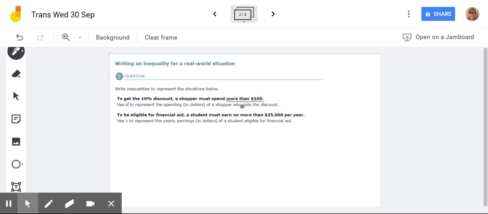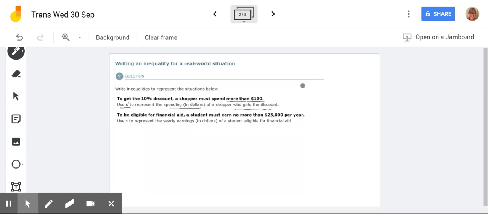Okay, and if you're thinking, which way do I write that? Think about it. If you went to the store, would you have to spend $90 or $110? You have to spend more than 100. So you can name a number bigger than 100 and you're like, that's the one. So use D to represent the spending of a shopper who gets the discount.